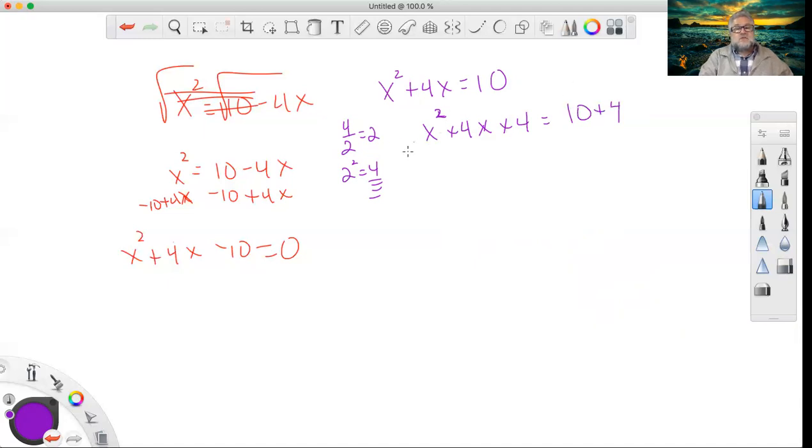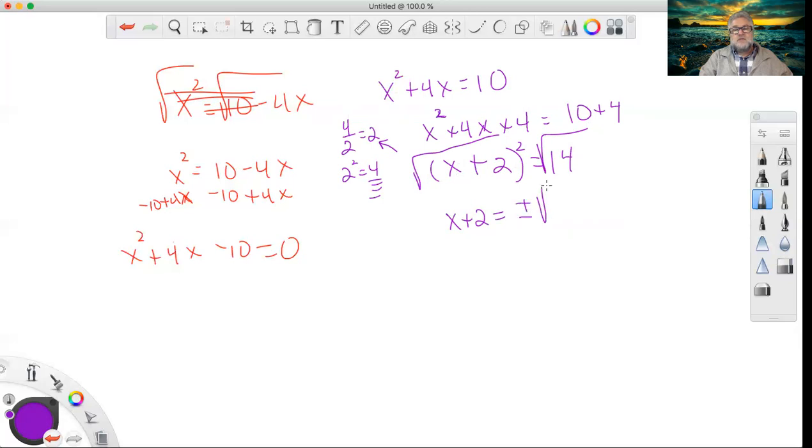Then I write this as a perfect square, and it's going to be x plus the number I got when I divided that by 2. x plus 2 squared equals 14. Then we take a square root of both sides. Square root of x plus 2 squared will give me x plus 2. Square root of 14, can't do anything.